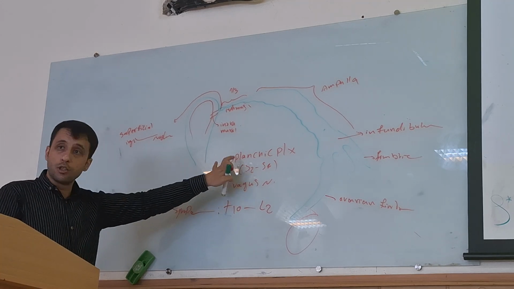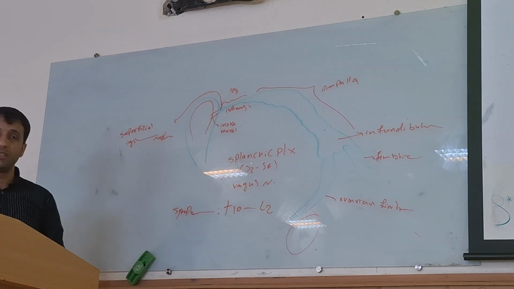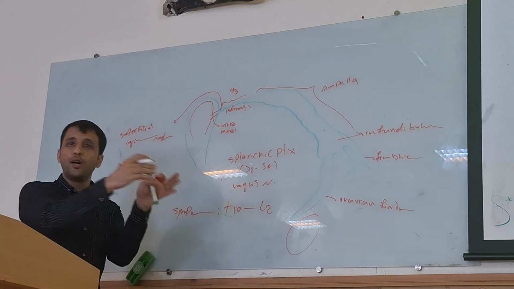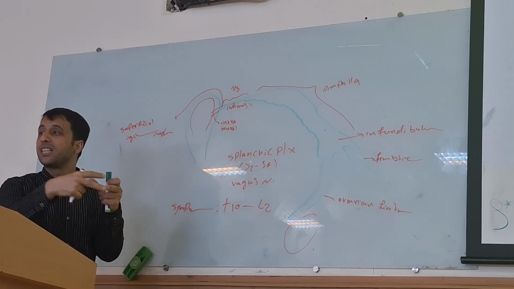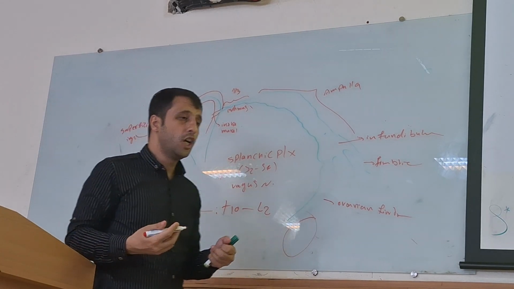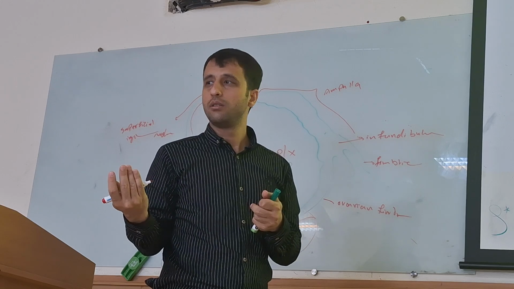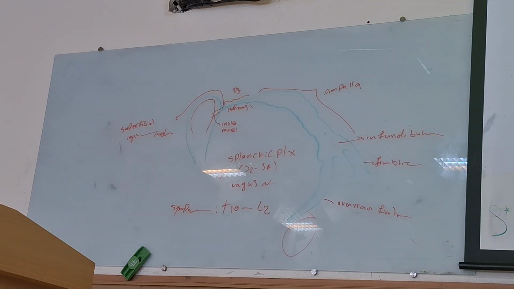Yes, it is only the parasympathetic part, but in the pelvic cavity, the parasympathetic part attaches to sympathetic fibers and makes the hypogastric plexus. Okay? When they merge together, they make the hypogastric plexus.